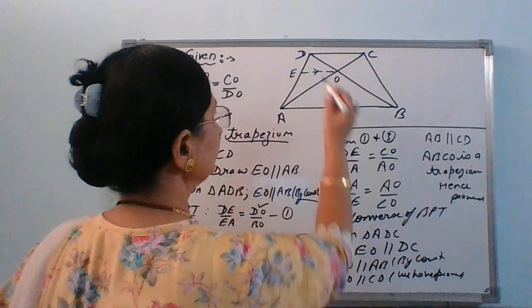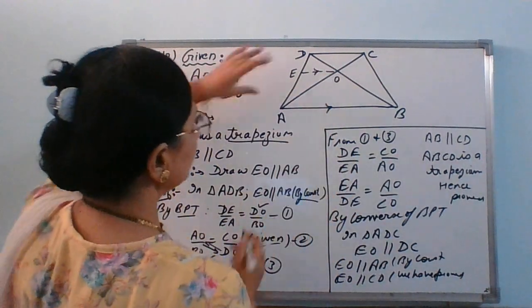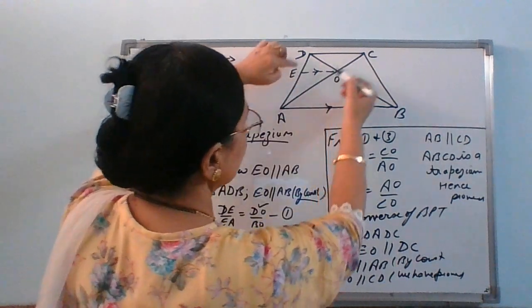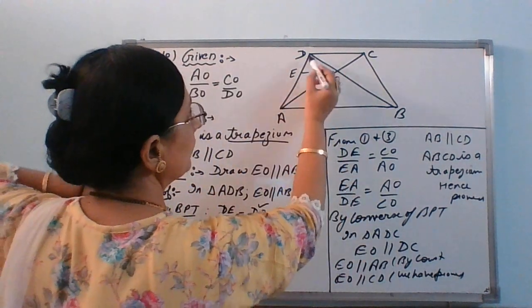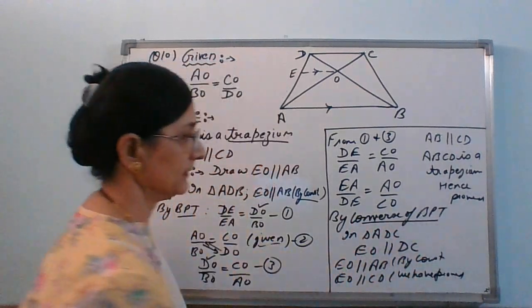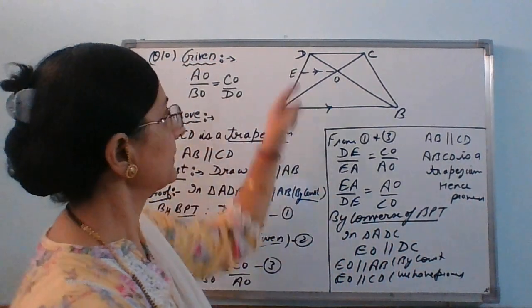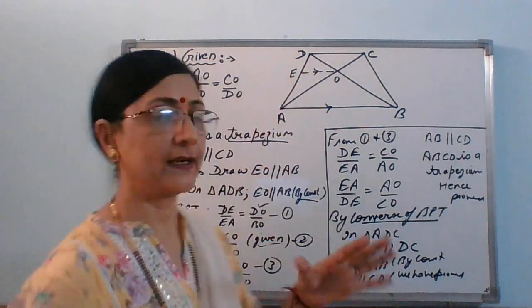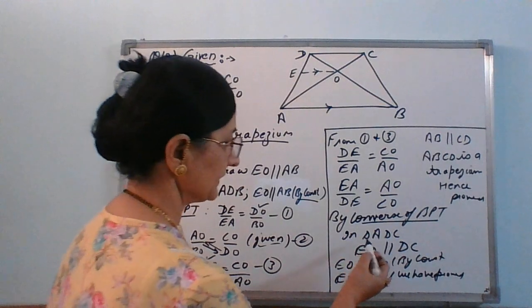Now let us check the triangle. DE, EA यहाँ है और CO, AO यहाँ है. It means ये वाला triangle में sides are in ratio. So it means EO और BC they are parallel by converse of BPT, right? Converse कब करते हैं हम? जब हम ratio में sides prove कर लेते हैं और now we say that this is parallel to this. That is the converse of BPT, right?